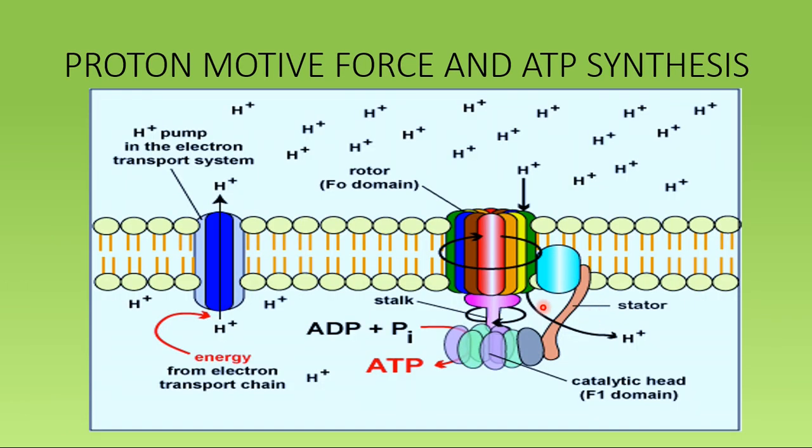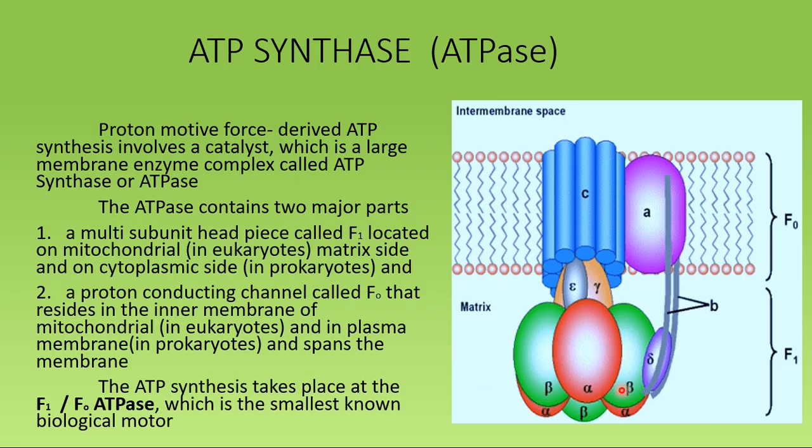Now as a result, what is happening? Energy is transmitted to F1 through coupled rotation of gamma subunits, causing conformational changes in the beta subunit. So we know that we are having the beta subunits, and here there will be some sort of conformational changes.